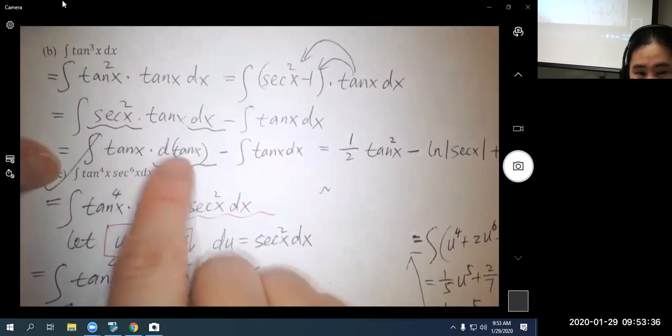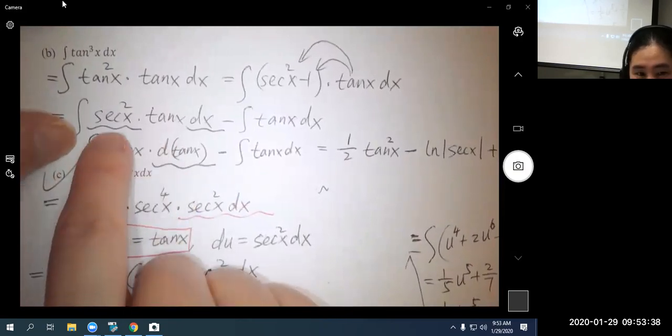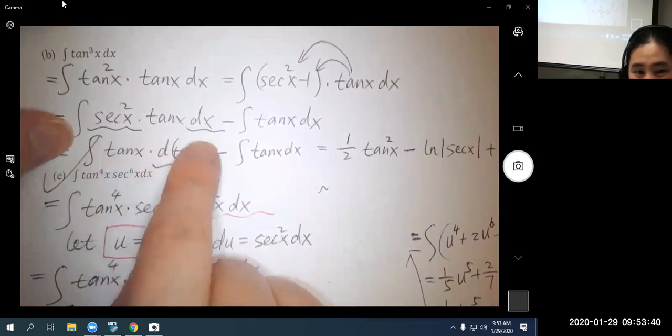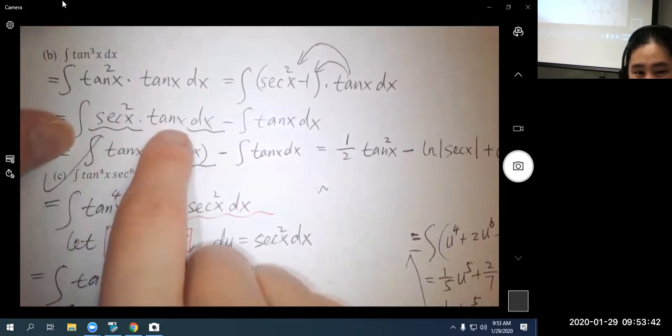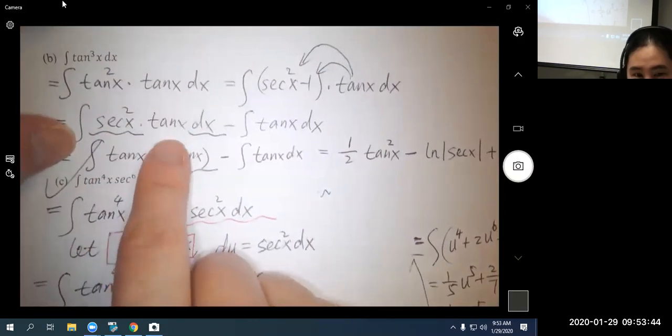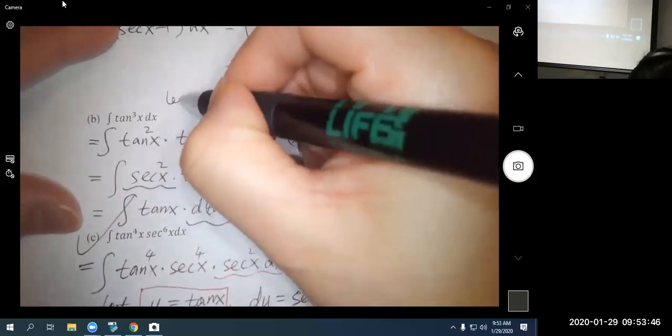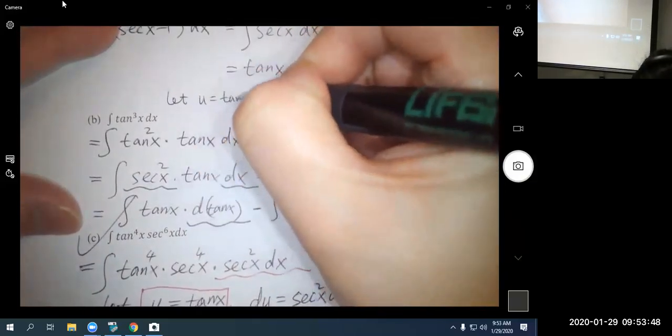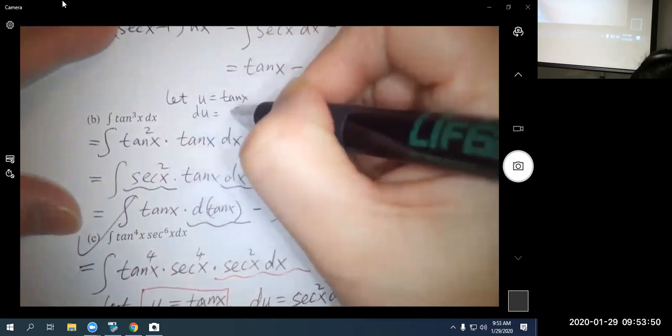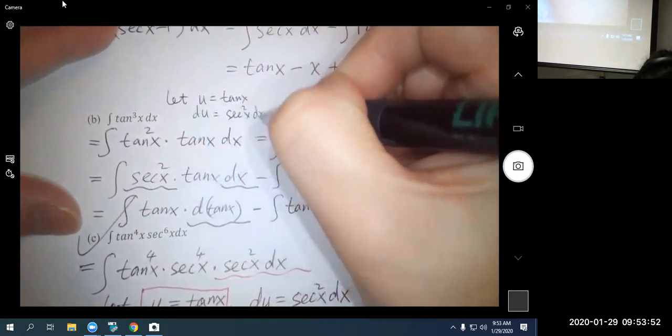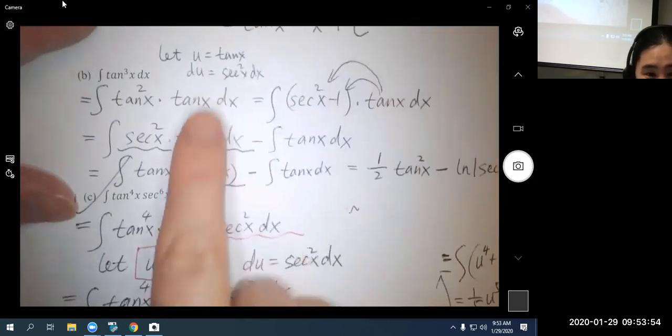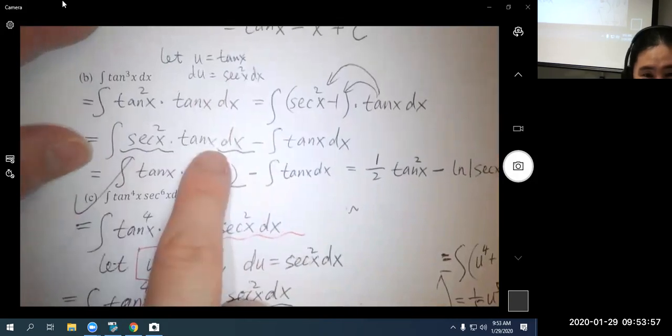If you don't want to use this way, we can do what? Substitution. Let u equal what? Tangent of x. Okay, I'll write it down here. Let u equal tangent of x. So du will equal secant of x squared dx. So this integral becomes what?